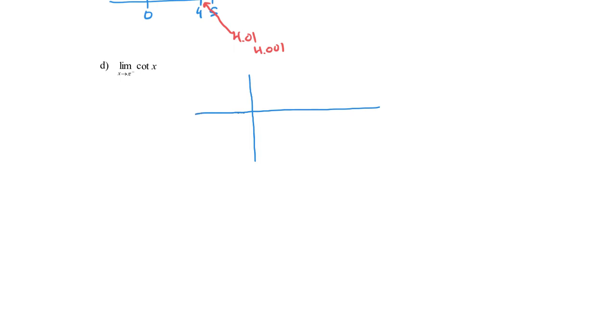And if you remember that cotangent is cosine over sine, you'll know that wherever sine is 0, the cotangent graph is going to have a vertical asymptote. So all these integer multiples of pi. So the cotangent graph is going to be doing something like this. It's going to be 0 wherever cosine is 0, which is at odd multiples of pi over 2, right?